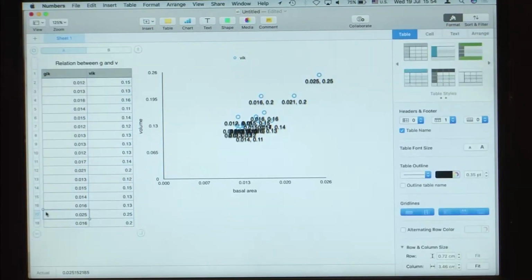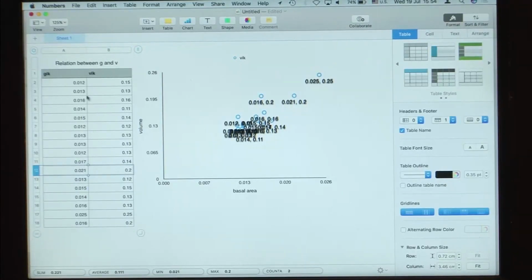So, we are talking about this value, and here we have it on the plot. Similarly, let us look at this point, 0.016 and 0.2. Here we have the value 0.016 and 0.2. Let us now look at this one, 0.021 and 0.2. Here we have it, the 12th value is 0.021 and 0.2.